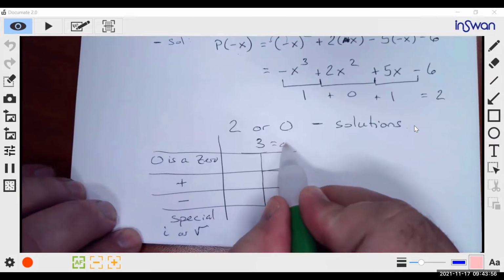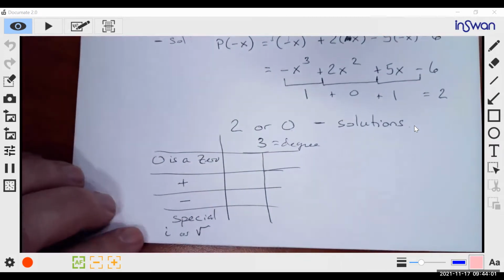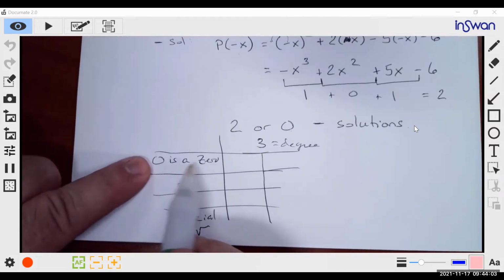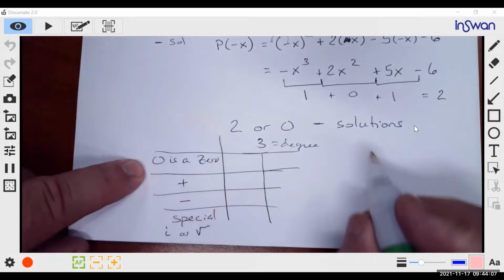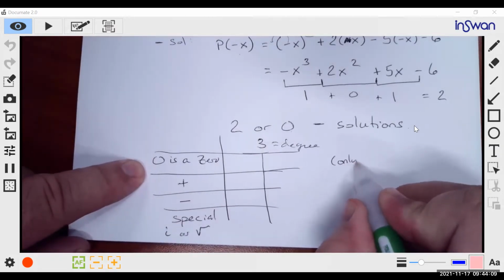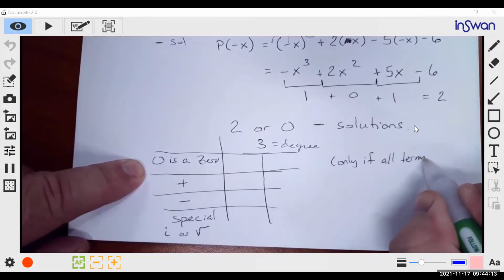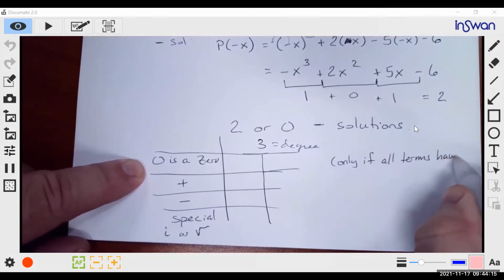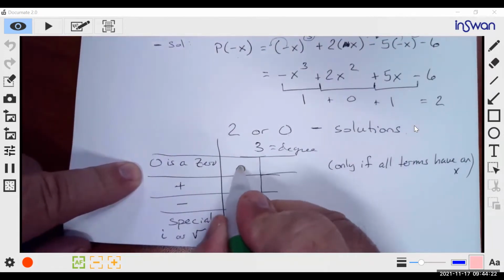That's the degree. So we're supposed to have 3 answers. You can only have a 0 as a 0 if all the terms have x's. Only if all terms have an x. Since we have a constant, that's not possible.